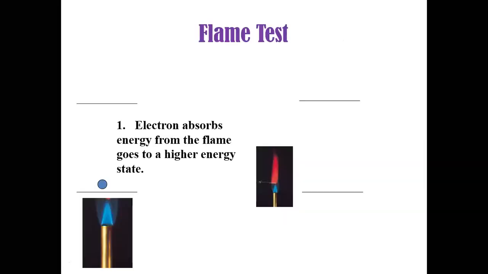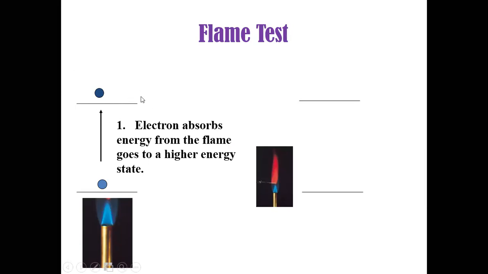Actually, what is happening in this case? When we put the compound on the Bunsen burner flame, the electron in the compound or the element absorbs the energy and becomes energetic. So it will jump from a lower to a higher energy level.